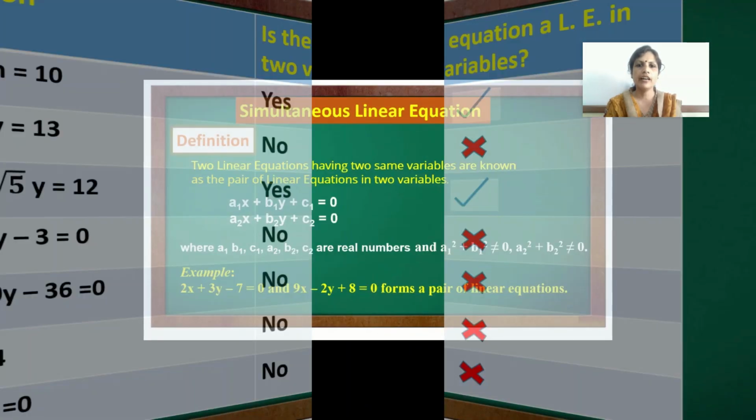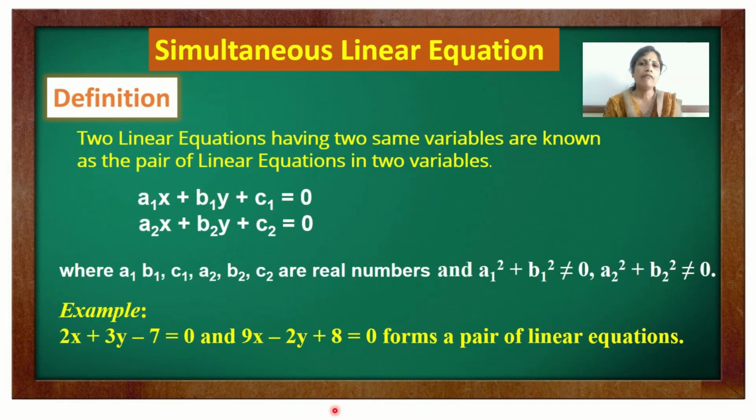Alright, moving ahead now. You all have learned so many times about simultaneous equations. Now linear equations in 2 variables, when they are given in pair, 2 linear equations having 2 same variables, they are called simultaneous equations.